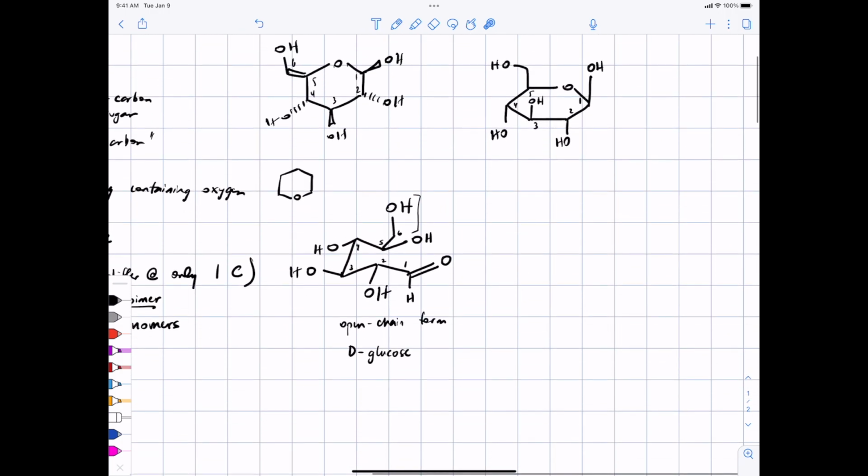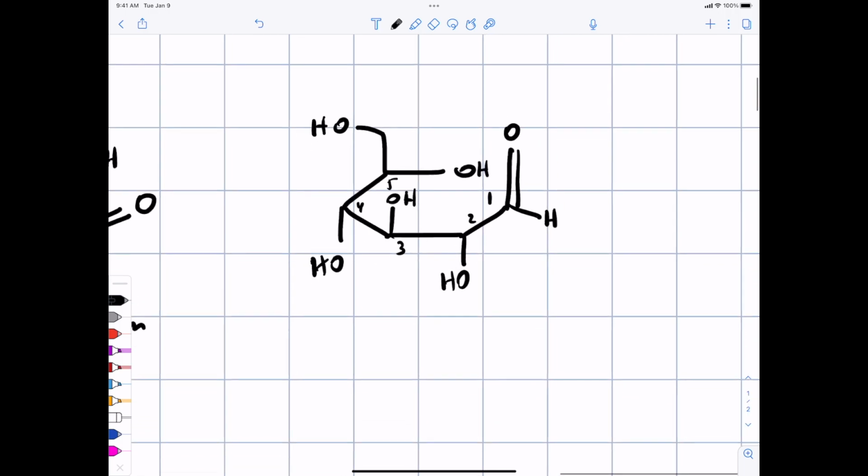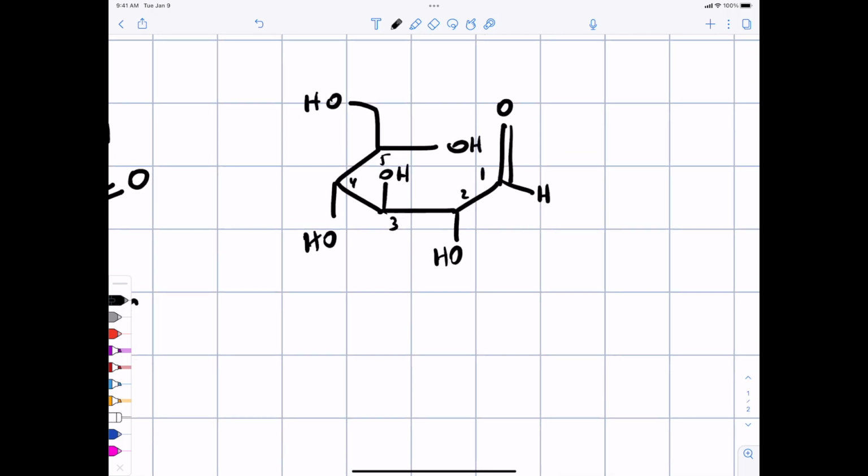Now, to get from the chair conformation of glucose to the Fischer projection, I'm not very good at this. We're again going to change this one to an OH group, and this one becomes an aldehyde. The abbreviation for aldehyde is CHO.